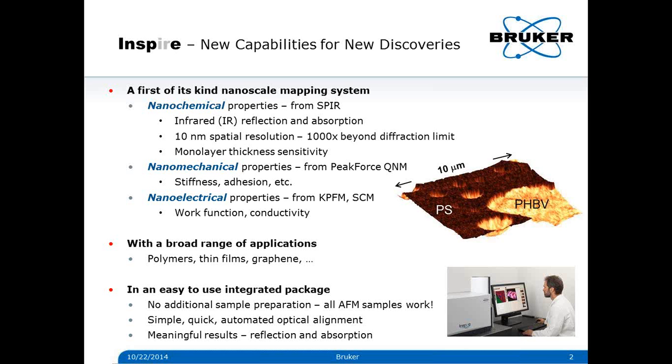You get reflection and absorption that you can compare with far-field data to identify your system. Then also you do not need to prepare your sample in a different way than you would do for AFM imaging. So if the sample works with AFM, then you can do SPIR on it. That is a great advantage.